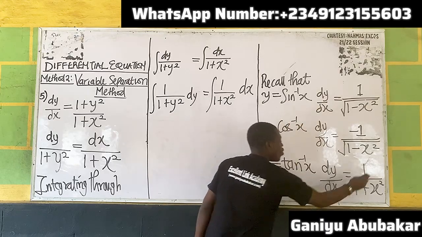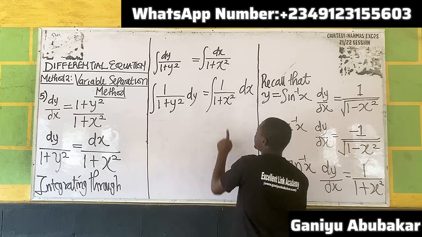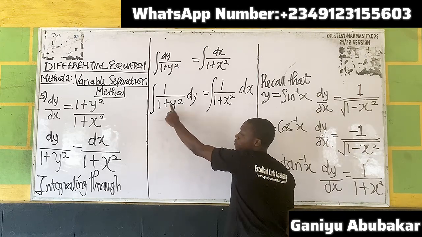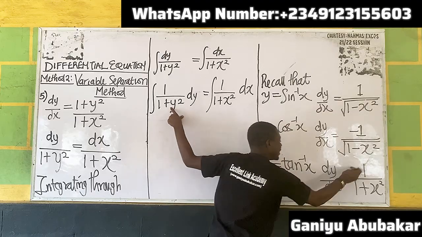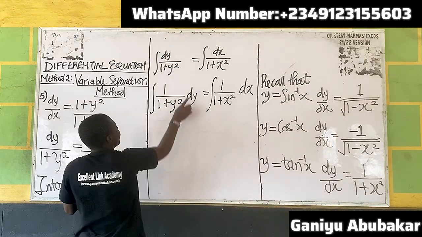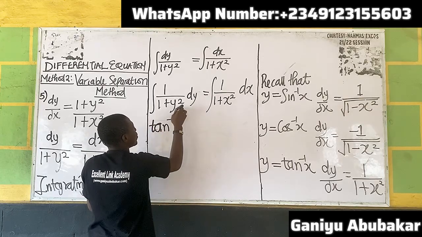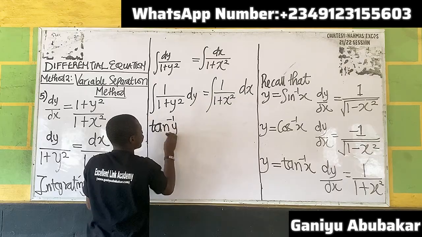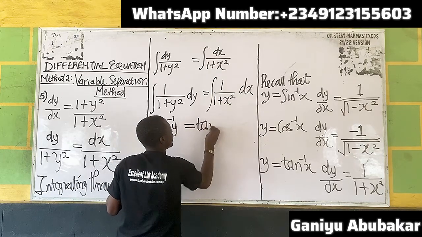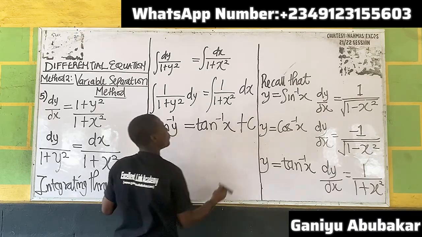So observe that 1 over 1 plus x squared is similar to this, but this one is in the form of y. So if I integrate this one here, I'll have tan inverse of y, equal to tan inverse of x, of course plus c.